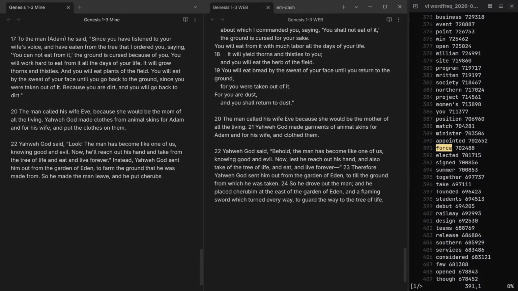He put cherubs at the east of the Garden of Eden and a flaming sword. A blazing sword. I could say fiery. Is that better?